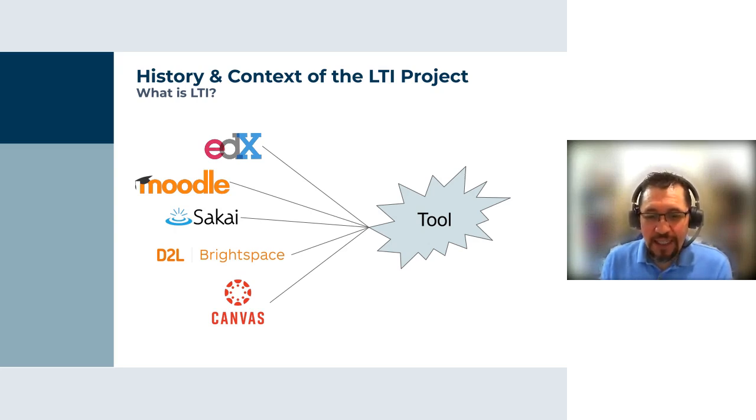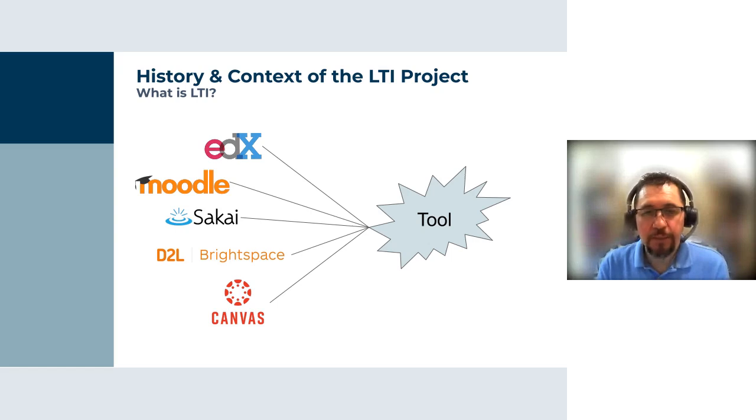So the LTI project has evolved significantly since its inception. Released in May 2010, initially called Basic LTI, was the first version of the standard. It provided a simple way to integrate external tools into the LMS through a standardized launch mechanism, allowing tools to be embedded within the course.